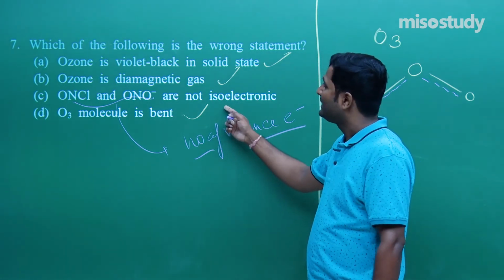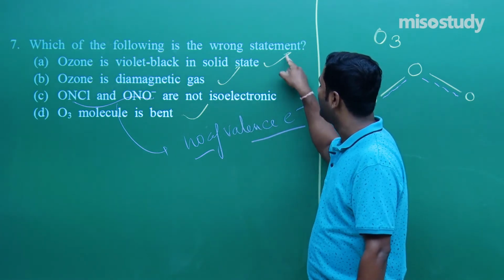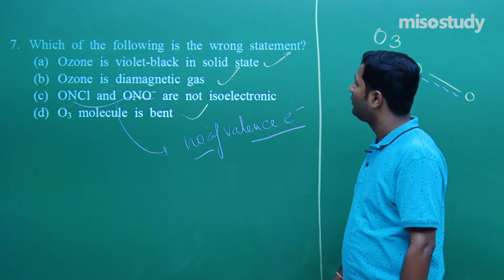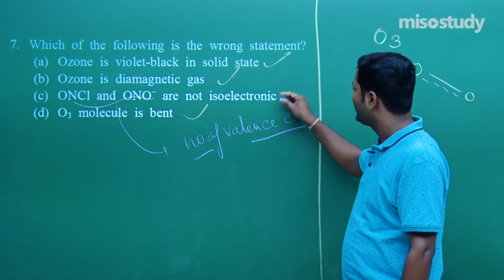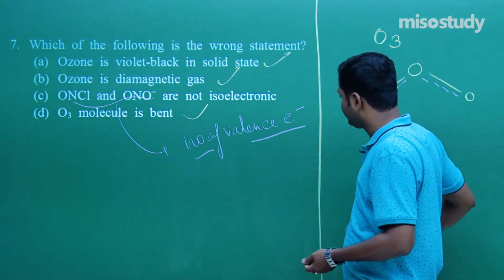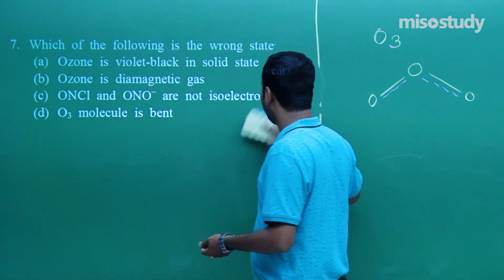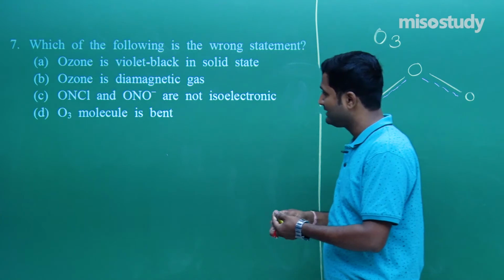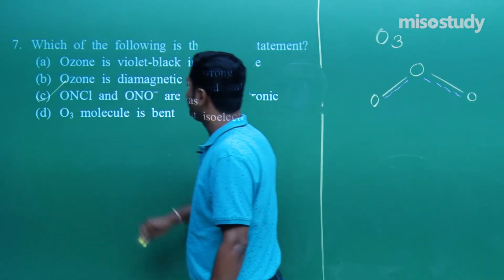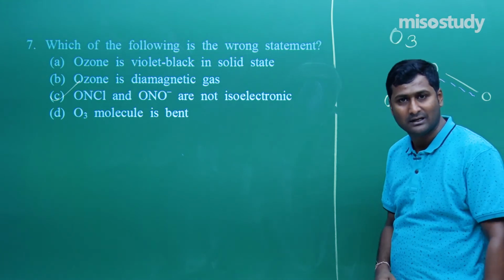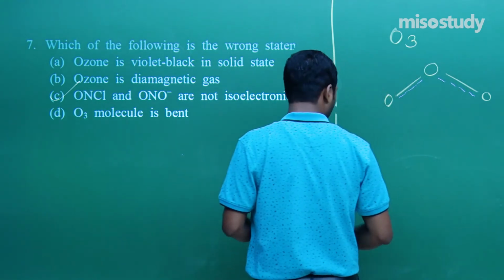So this is not a correct statement, and according to the question, which of the following is the wrong statement? So we can say for this question that C is the correct option. OCl2 and ONO minus are not isoelectronic. Clear to you?